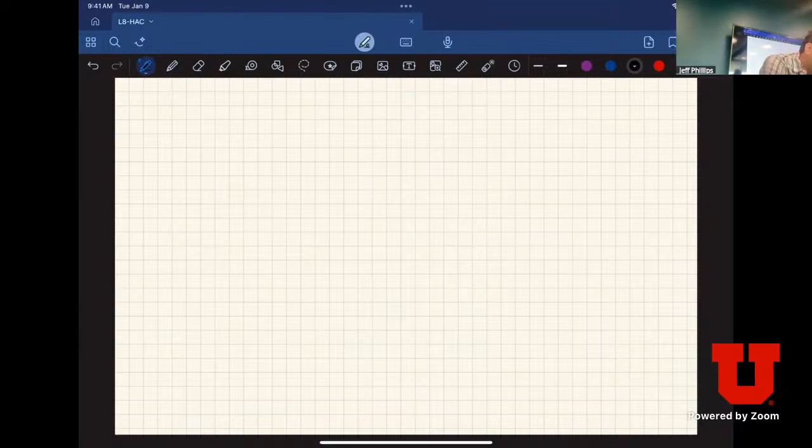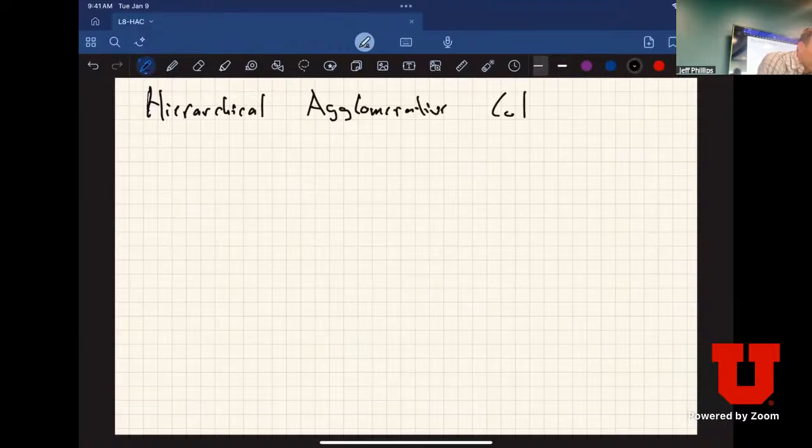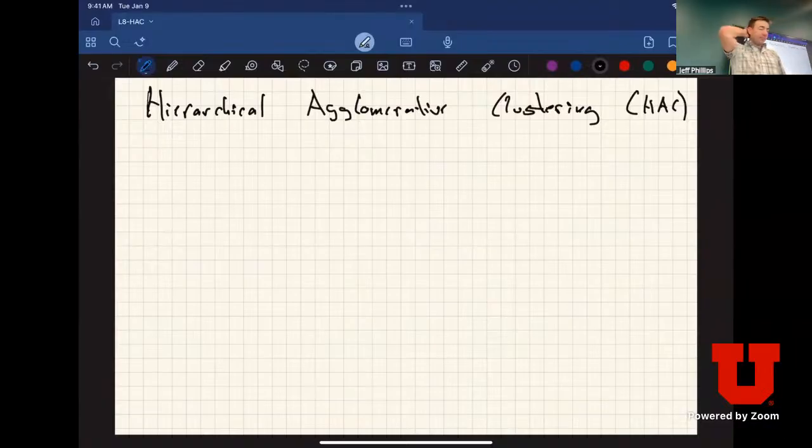What we're going to talk about today in this context is hierarchical agglomerative clustering, HAC. This family of methods is not particularly efficient.